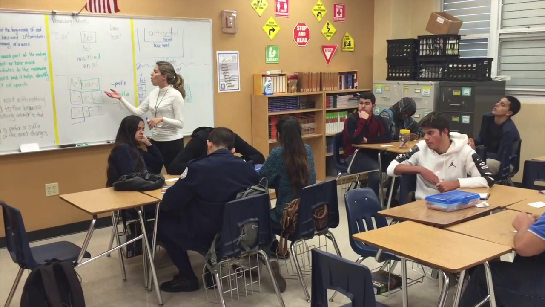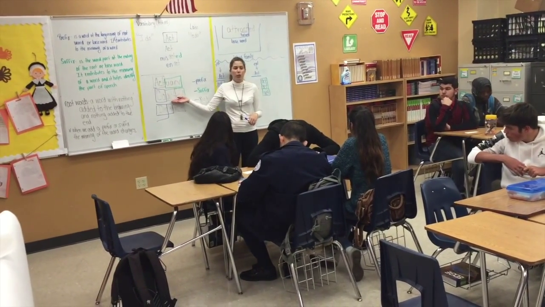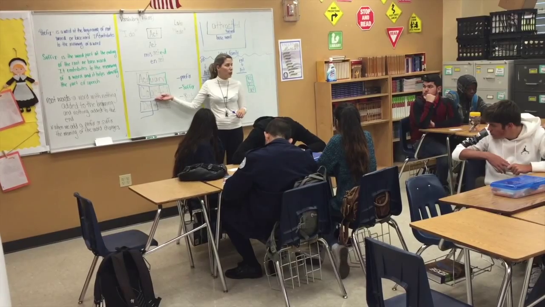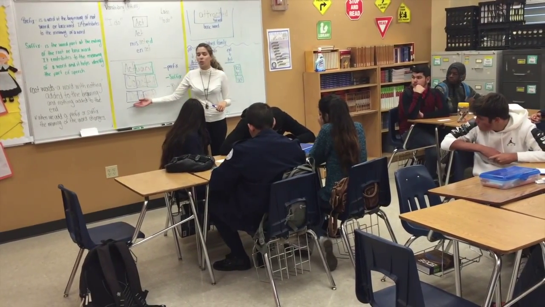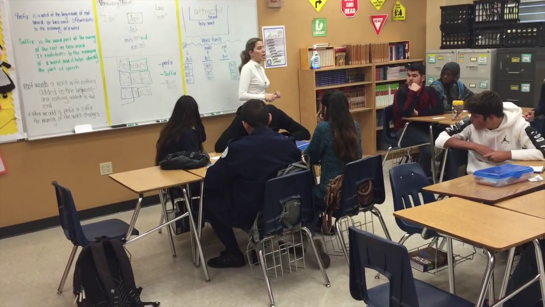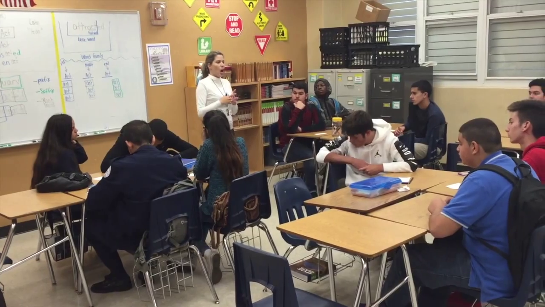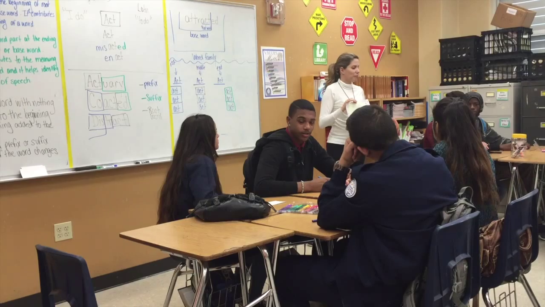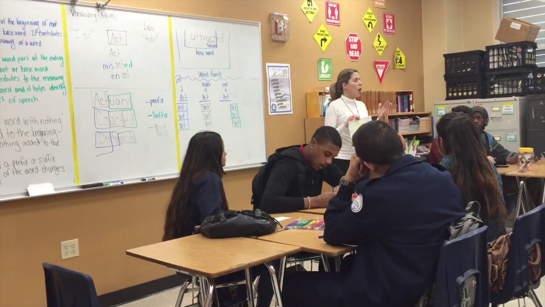In other words, you are to move the root word to the beginning of the word, to the middle of the word, and to the end of the word. So what that means is you're going to create word families with them, and we're going to create word trees with it.